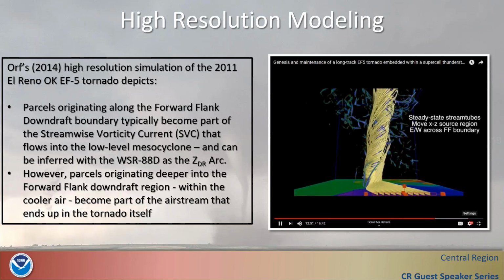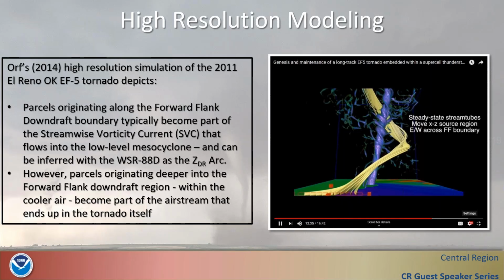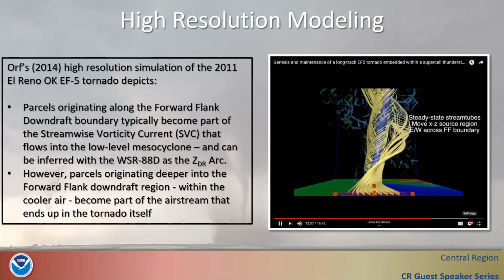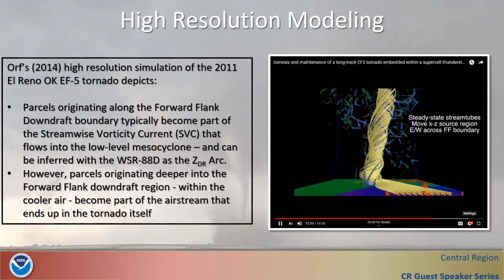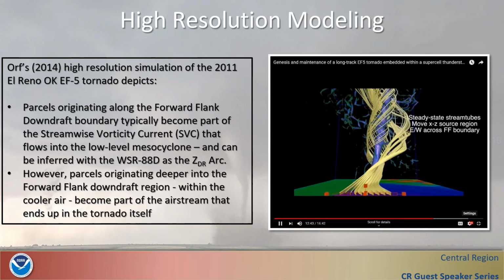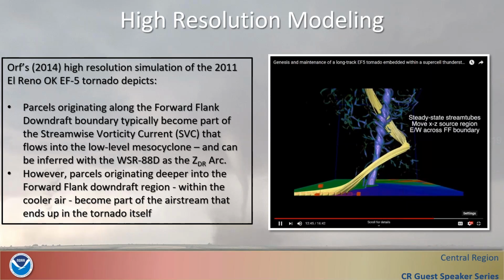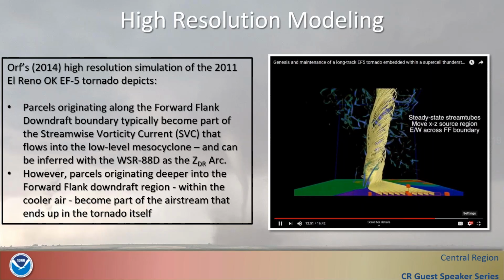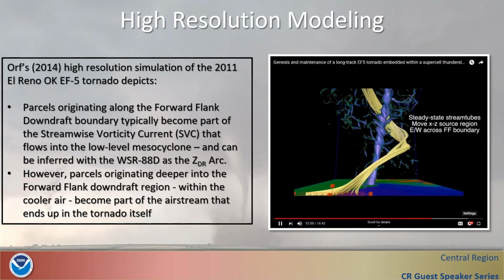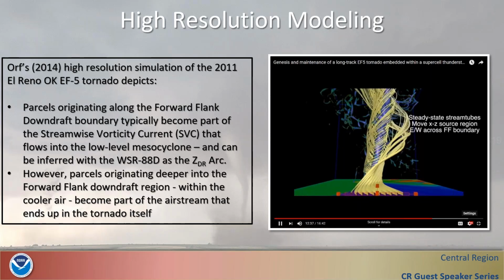It goes through their simulation of when they dropped little stream tubes through the forward flank region, the parts that make it into what they call the SVC, and then those that actually make it into the tornado. You can see that as these little stream tubes go further into the cold air of the forward flank, those are the parcels that actually make it into the tornado.